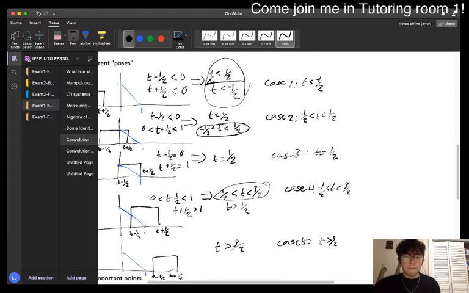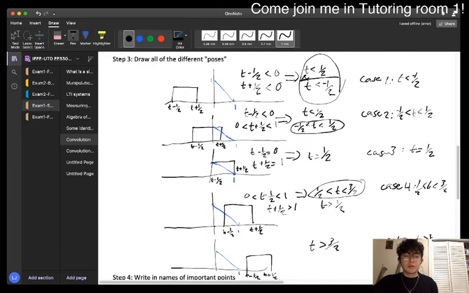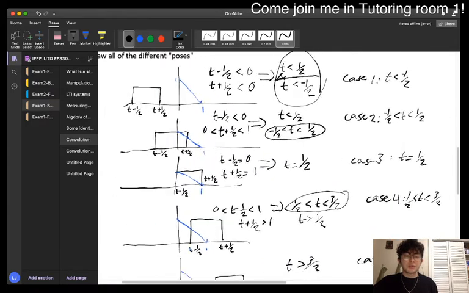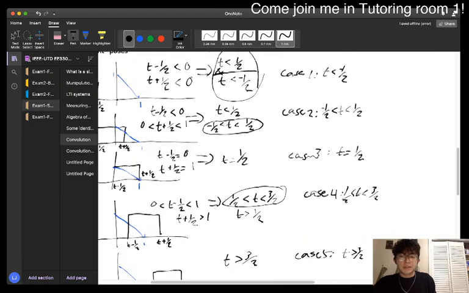So just as a review, we took our flipped and shifted signal, we renamed the points in terms of t, and then we drew our cases, and then from there we derived our bounds. And this gives us these different cases.